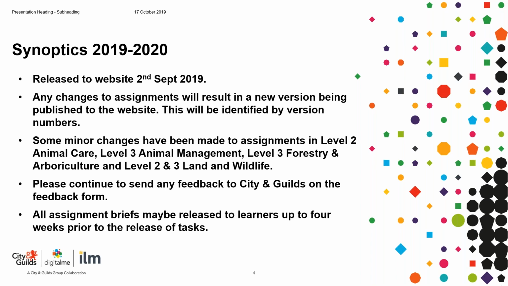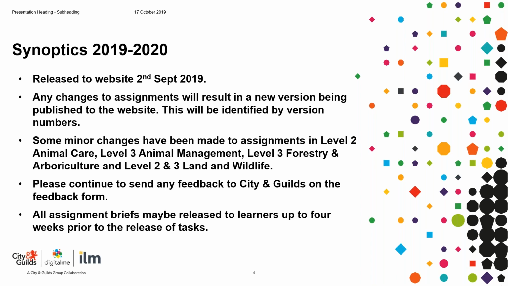The minor changes that have been made thus far have been to Level 2 Animal Care, Level 3 Animal Management, and that is a marking grid in one of the Year 2 pathways, Level 3 Forestry and Arboriculture, and Level 2 and 3 Land and Wildlife.